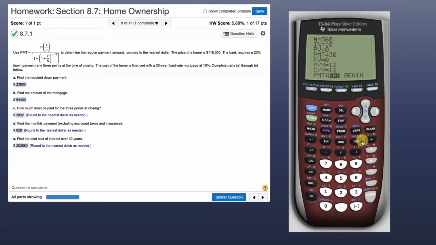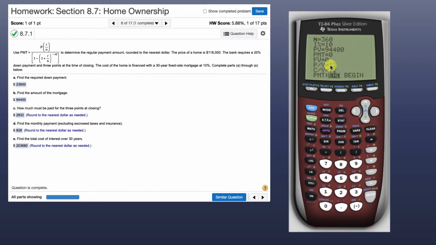They said 10%. Now, present value. Presently, I owe 94,400. That's what I'm borrowing. Payments, I don't know. I'll just zero that out. I don't need to. You can just leave it with whatever. Future value. At the end, I hope to owe 0. So I'm going to put 0 for my future value.